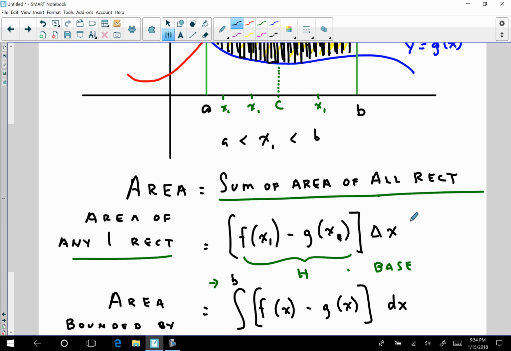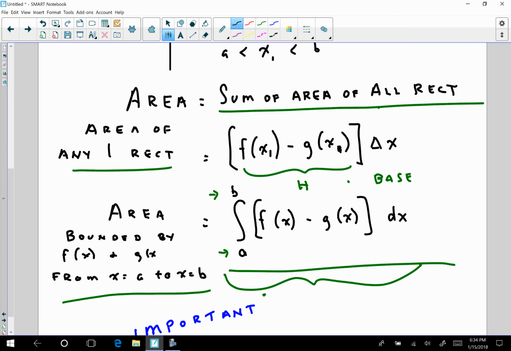But if I want to add up all of those rectangles, which gives me the area bounded by that, you guessed it, I'm going to use this definite integral symbol, which is going to be the sum of all the rectangles.